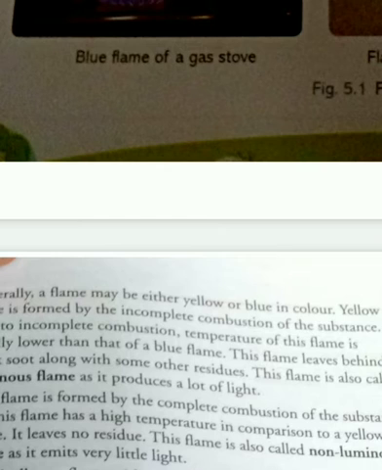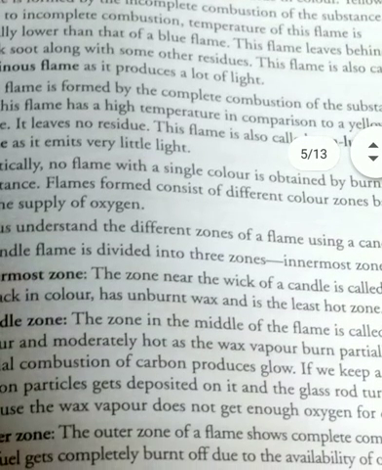Three zones of candle flame are there. The yellow flame indicates incomplete combustion of the substance, as we have seen previously also, that whenever a yellowish flame is coming out, it means the supply of oxygen is very less.